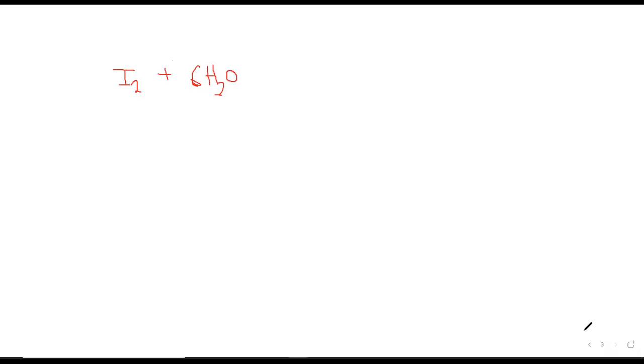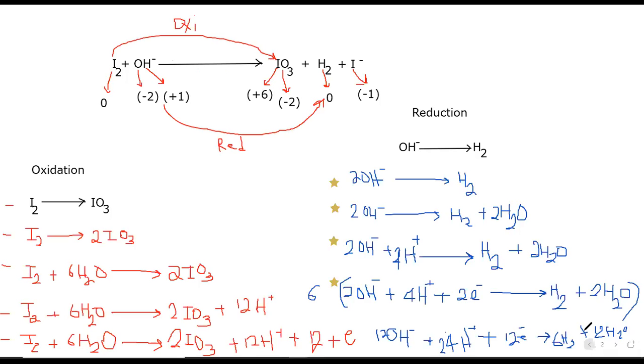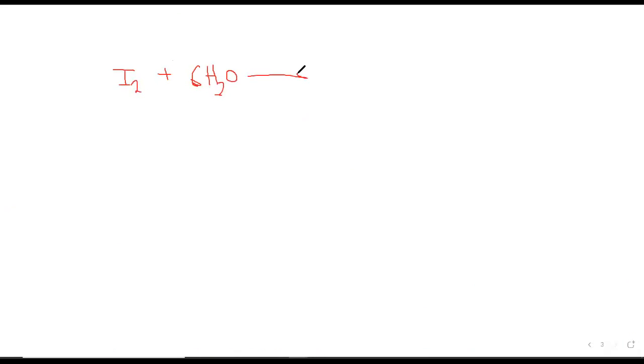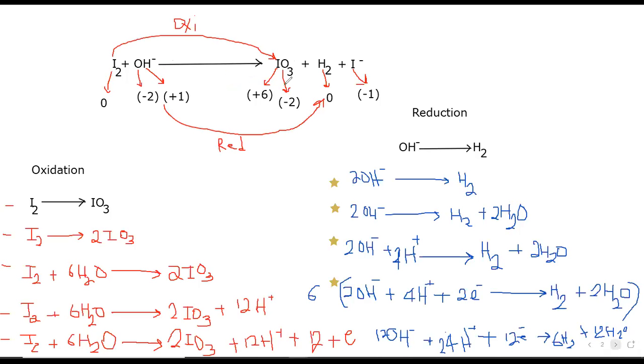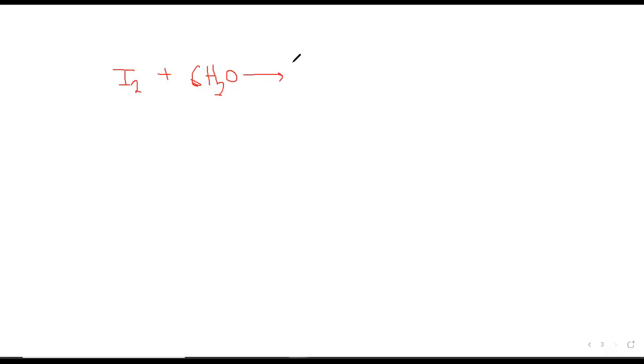Then it's going to give us 2 molecules. That's too long, maybe we can make it a little shorter, like that. So is it 2 molecules? Yes, 2 molecules of IO3.